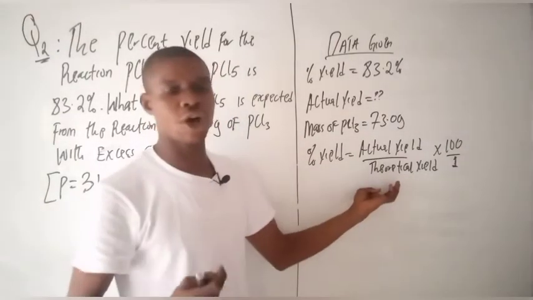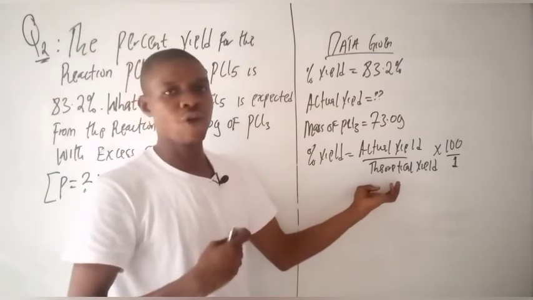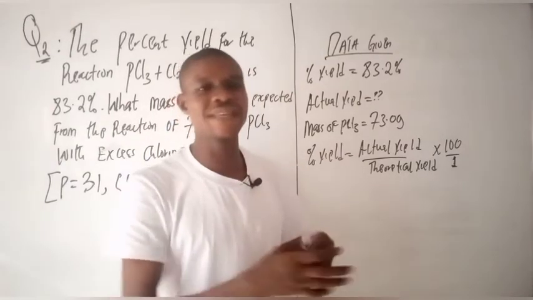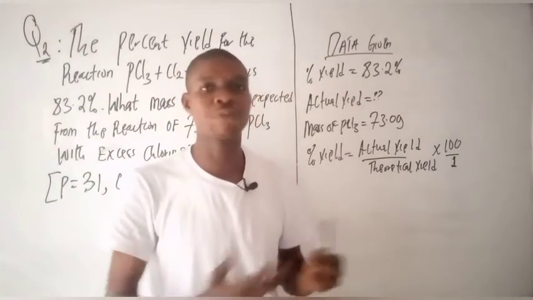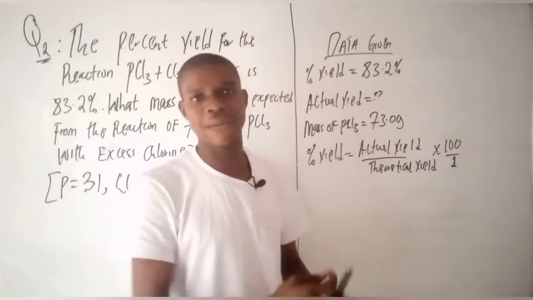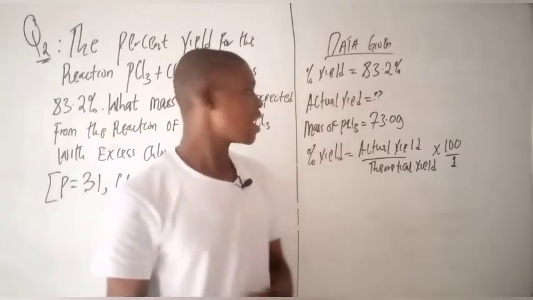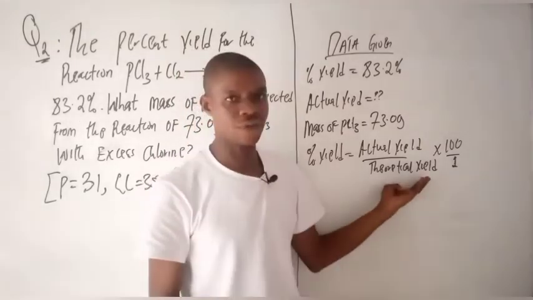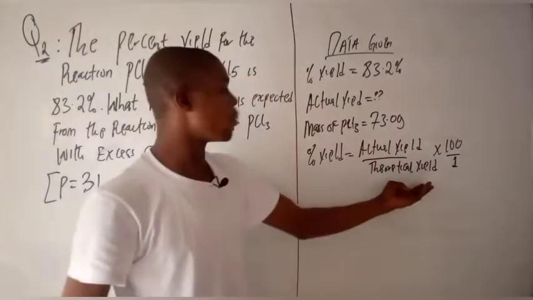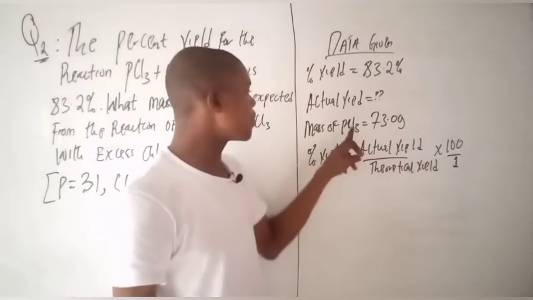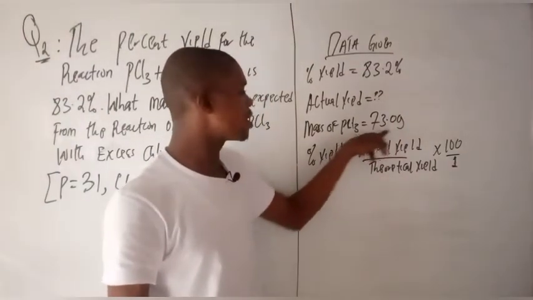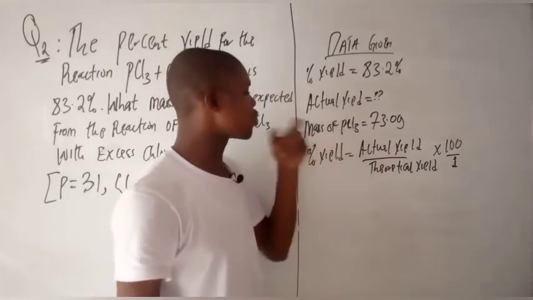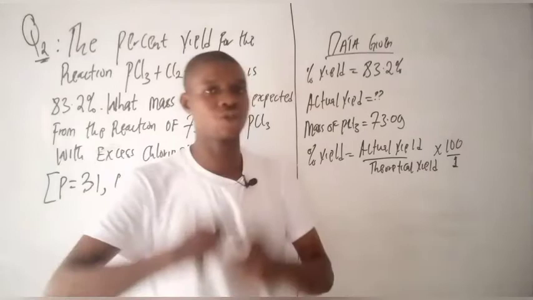You always use your limiting reactant to get your theoretical yield. What is theoretical yield? Remember, I told you that theoretical yield is the maximum amount of product that will be produced when all the limiting reactant is converted to product, assuming all of it is used. So for this one, you are going to use this mass of phosphorus trichloride to calculate the maximum amount of the product you are supposed to get.